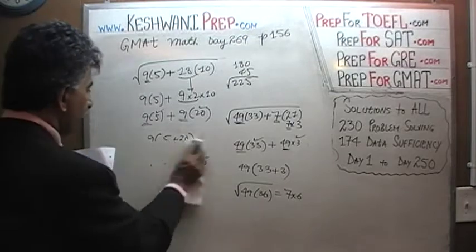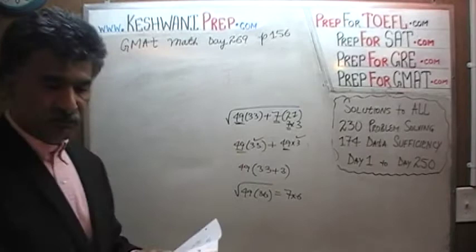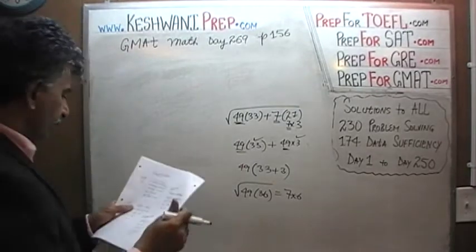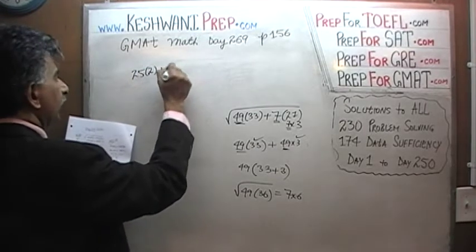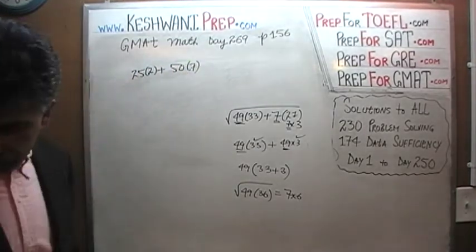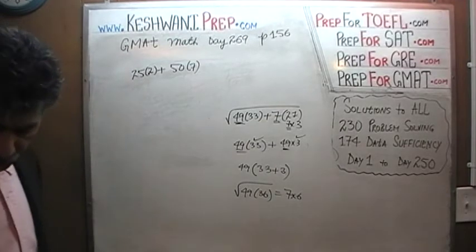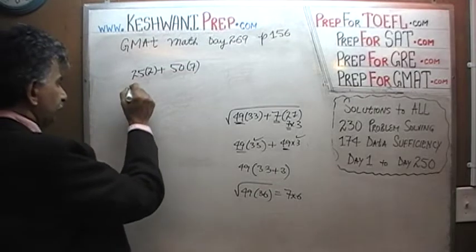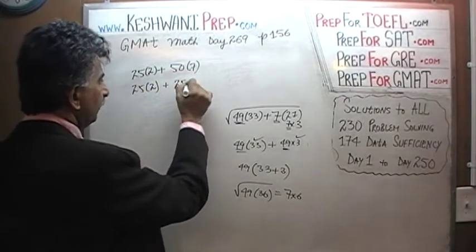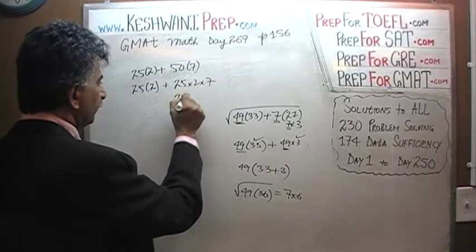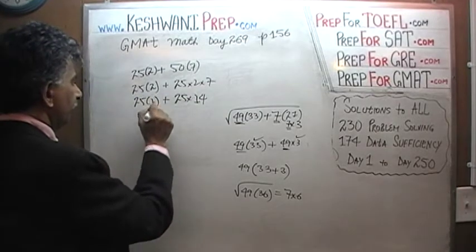Let's do one more, shall we? One more. Pause the video as I said. As soon as I finish writing it, pause the video and do it yourself. Here's the next one. 25 times 2 plus 50 times 7. Pause the video, see what you can do. 50 can be written as 25 times 2, so 25 times 2 times 7 is the same as 25 times 14, plus 25 times 2.